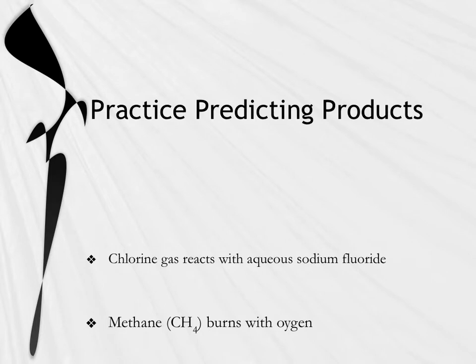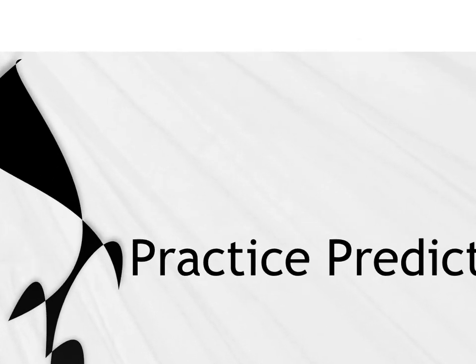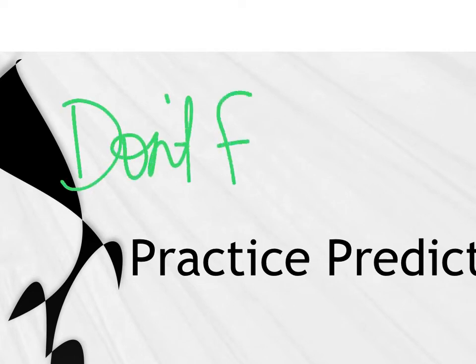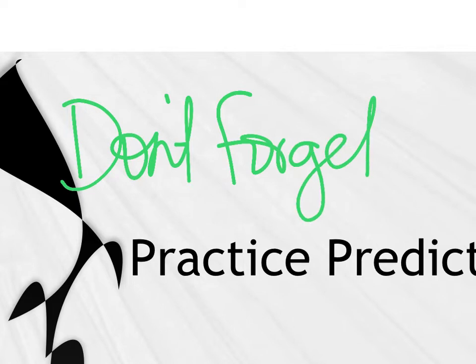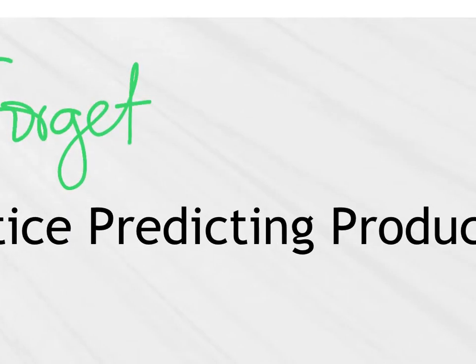When you look at your products, the formulas for your reactants don't have to match the formulas for your products, but you have to have the same elements. And don't forget, make yourself a big note: don't forget your diatomics.